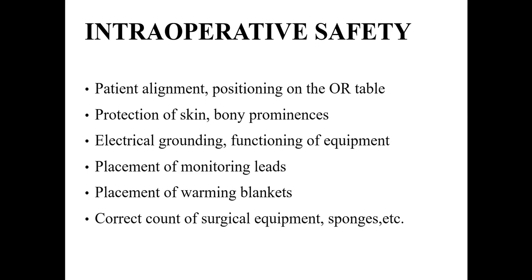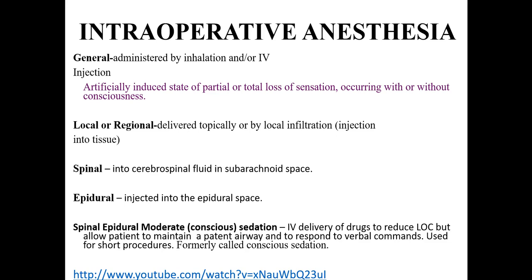Correct count of the surgical equipment and the sponges, very important. They have anesthesia. These are some comments about the anesthesia that they can use: general, local, regional, spinal, epidural. And then we have a YouTube video that talks about intraoperative anesthesia.